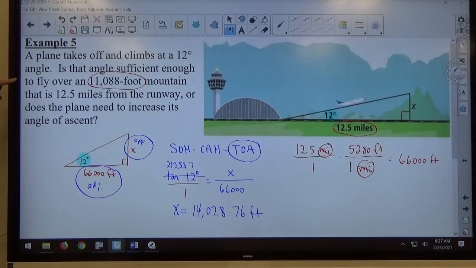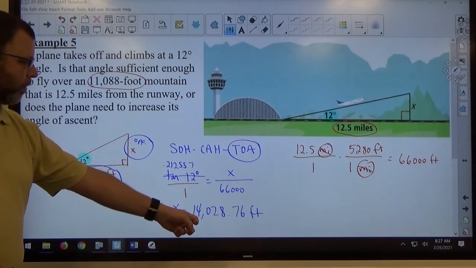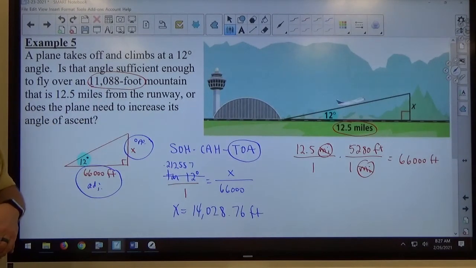The mountain's 11,088 feet. By the time this pilot at this 12-degree ascent angle reaches the mountain, he's going to be 14,028 feet high, which is almost 3,000 feet higher than the mountain. So he is safely on his way to going.